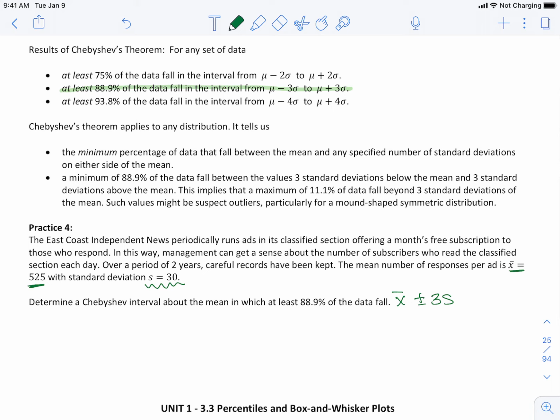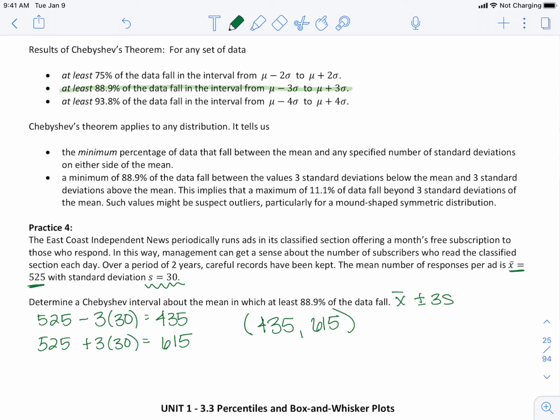Okay, for the lower bound, we're going to subtract. So we have 525 minus 3 times 30. That's going to give us 435. For the upper bound, we add 525 plus 3 times 30, and that gives us 615. So our interval is going to be 435 to 615.